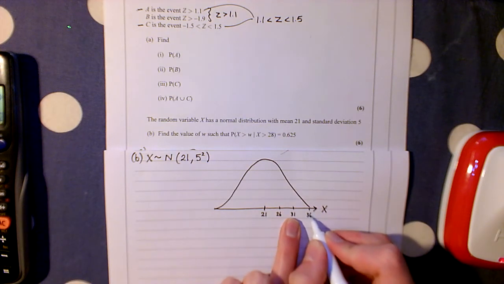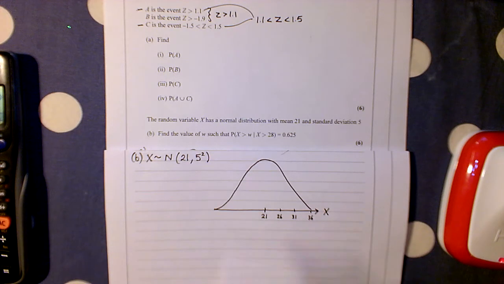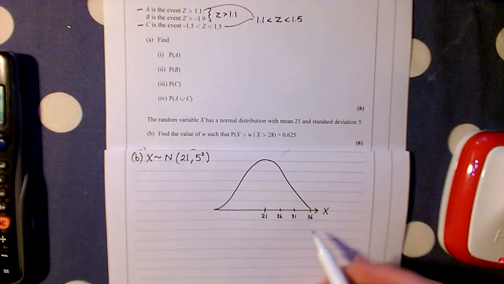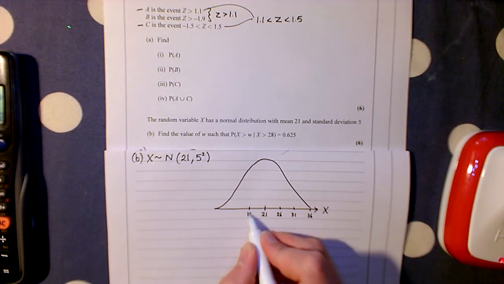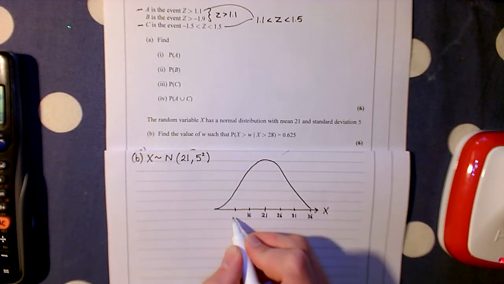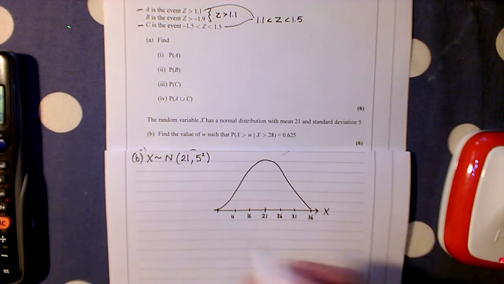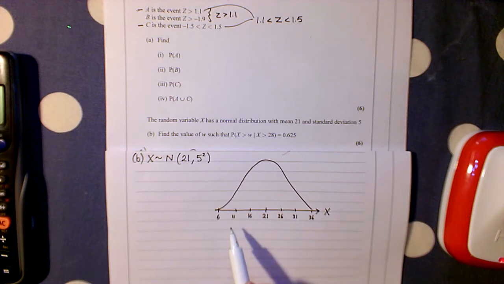Add 5, I get to 36. So at about 36, there's really none of this random variable x takes values over 36. I can follow that pattern backwards. I would get 16. Take away another 5 would be 11. And take away another 5, I'd get to the end of pretty much my data, and I would get to a 6. So this is what the distribution looks like.